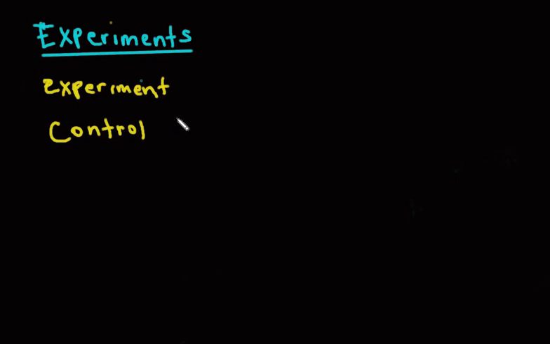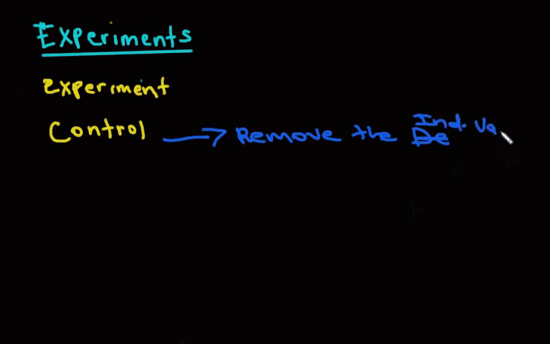Then in the experiment, we won't remove it. So in summary, the experiment is the same as the control, but the difference is that in the control, we remove the independent variable. Actually, yes, we remove the independent variable, because water in that case is the independent variable.